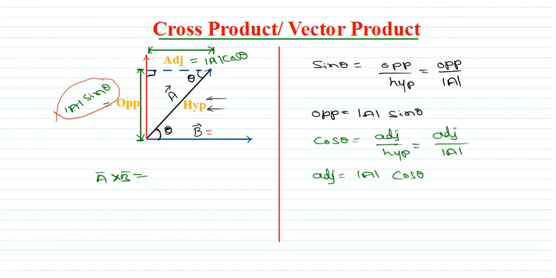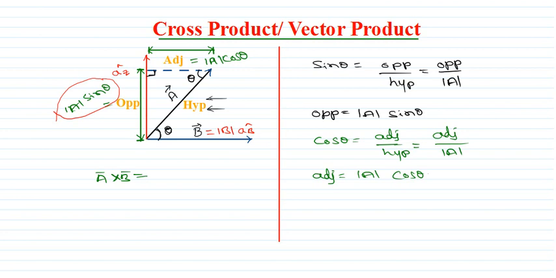Because B is equal to magnitude B along B direction, this is magnitude of A sine theta along some arbitrary direction, say some variable Z direction, because this is an unknown direction.